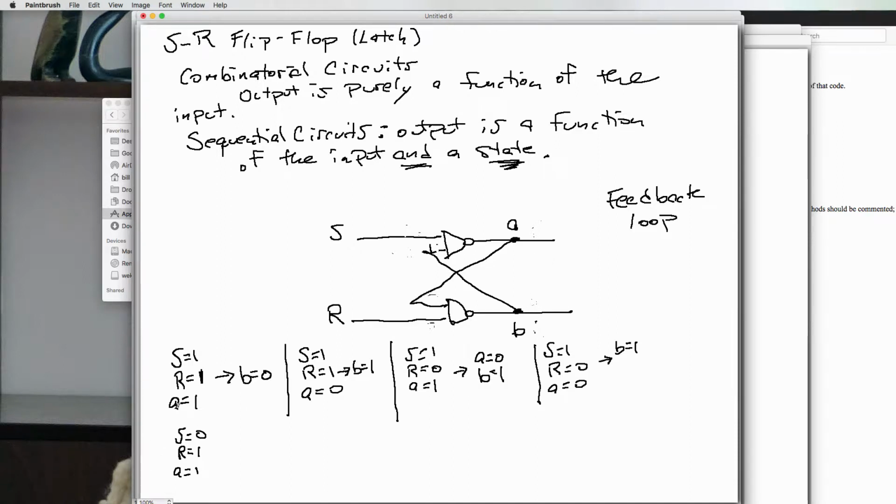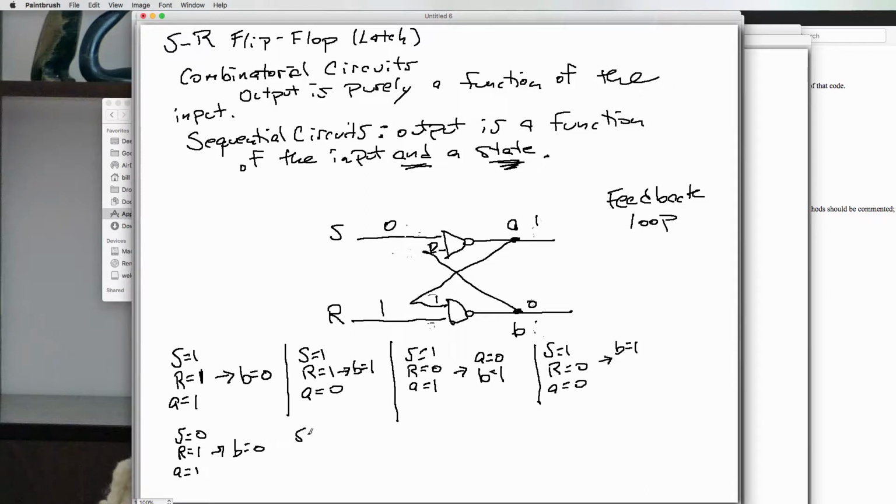Okay, so A is 1, and we said S was 0, and R was 1. So now I have a 1 and a 1 coming in here into a NAND gate is going to make that a 0. And now I have a 0 and a 0 going in here, and that's going to make it a 1. And it looks like we have stabilized, and that makes B equal to 0.